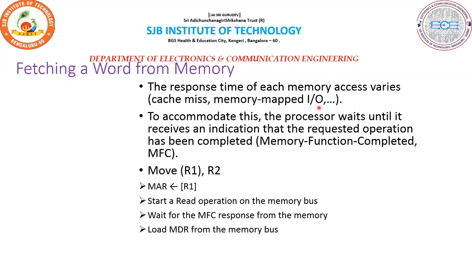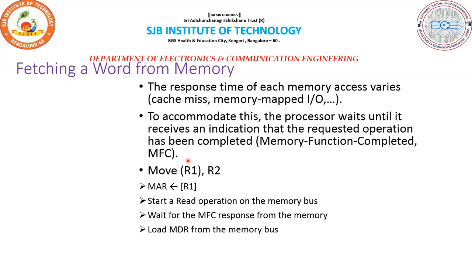To accommodate this, the processor waits until it receives the indication that the requested operation has been completed. This is the Memory Function Completed signal, MFC. The addressed device sets the signal to 1 to indicate that the contents of the specified location have been read and are available on the data lines.